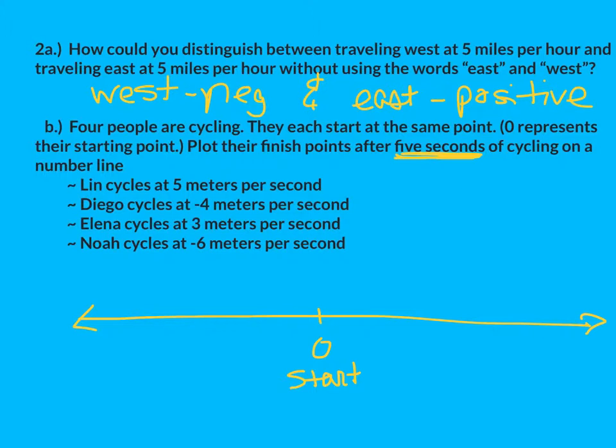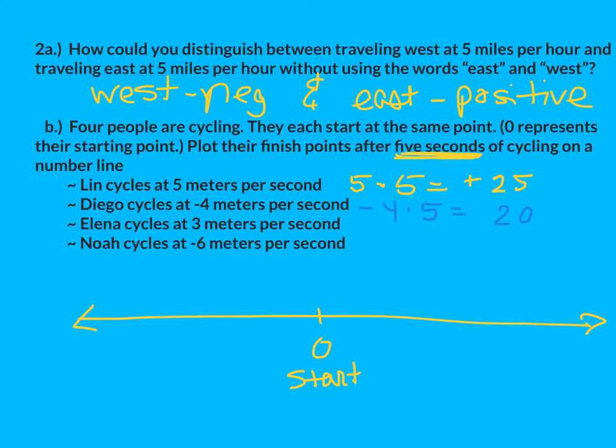So these are simple multiplication problems. Lynn is cycling 5 meters per second, so that's 5 meters times 5 seconds, and that would give us positive 25. Next, Diego is cycling -4 meters per second for 5 seconds. 4 times 5, of course, is 20.